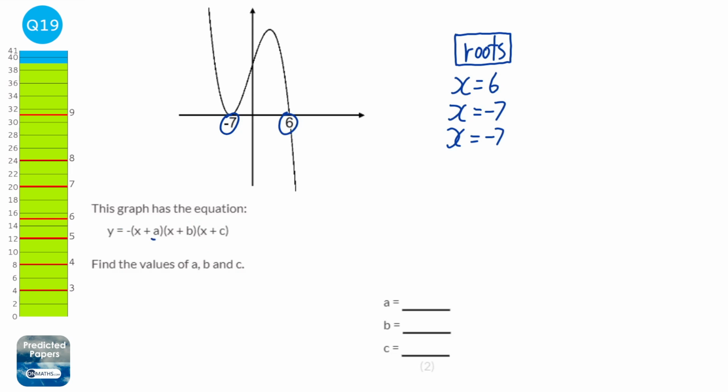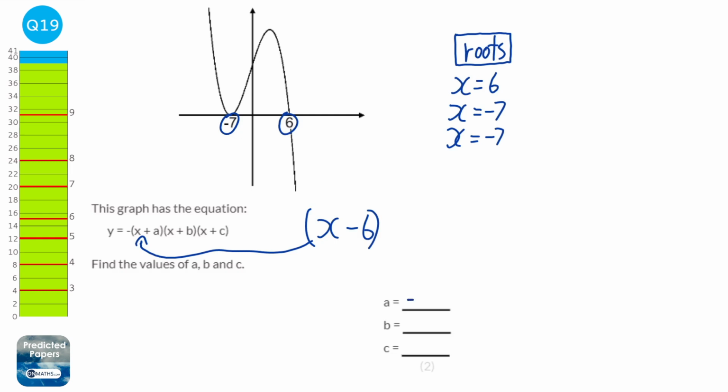So if we imagine A, what does A have to be to make this whole thing equal 0? When we look at this, the fact that a root is at 6, well, if we put A at -6, we get x minus 6 in that bracket there. And if we put in the value of 6, then it's 6 minus 6, which is 0, and so the whole thing is 0, because anything times 0 is 0.